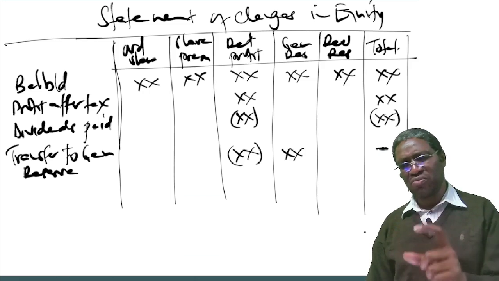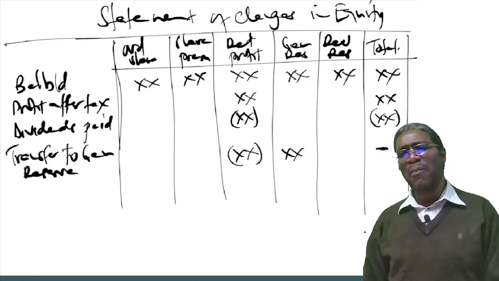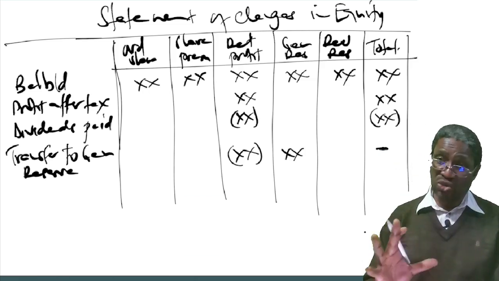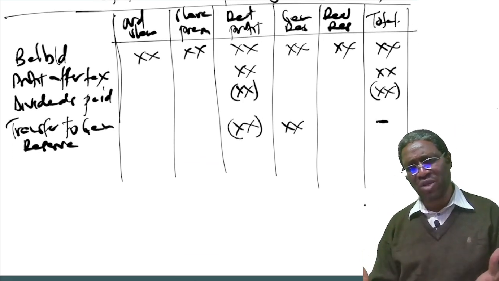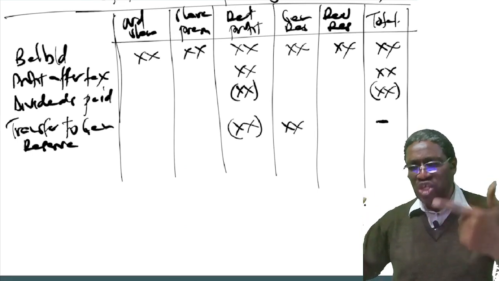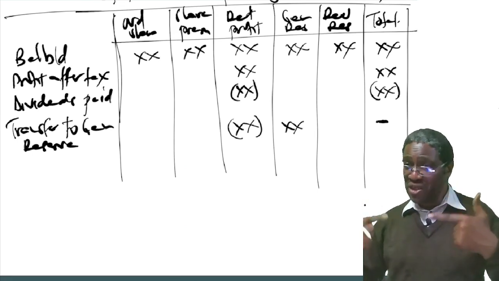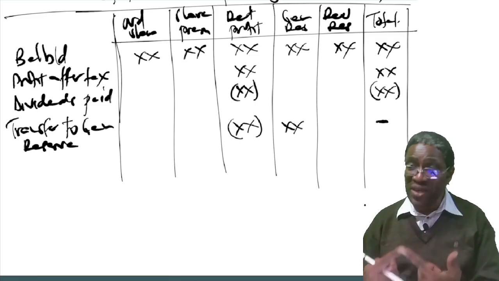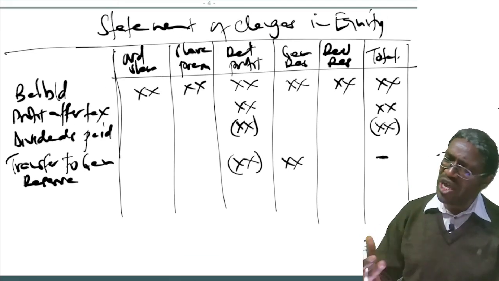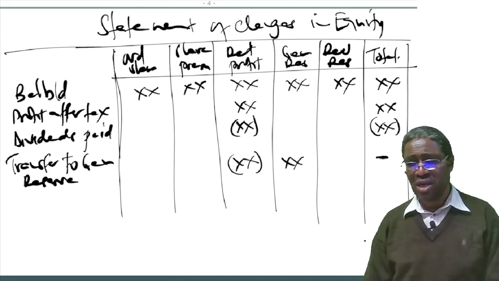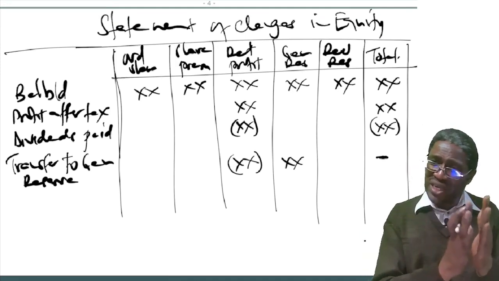Let me assume that those were the only appropriations out of the profit this year. But then find out from your question, are there any other changes that took place in our company this year which affect equity? Maybe yes. Like which one? Maybe during the year you revalued your land upwards. You must have debited land.